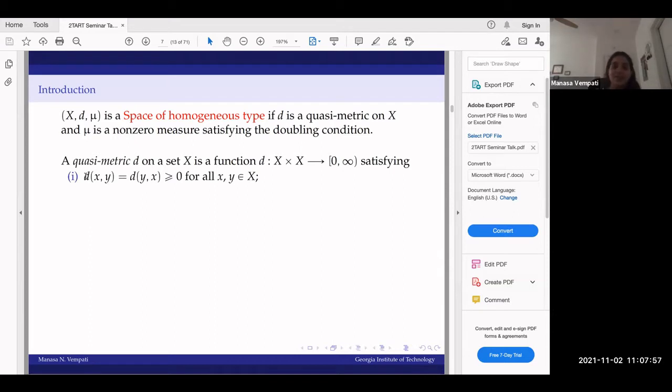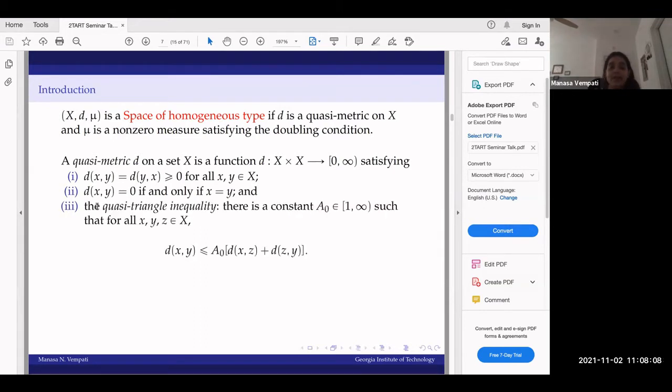We have the property that the distance between x and y is 0 if and only if x equals y. The last inequality is the quasi-triangle inequality. So in the traditional triangle inequality, we put this constant a naught here in the quasi-triangle inequality, which we call the constant for the quasi-triangle inequality, and this constant lies between 1 and infinity.